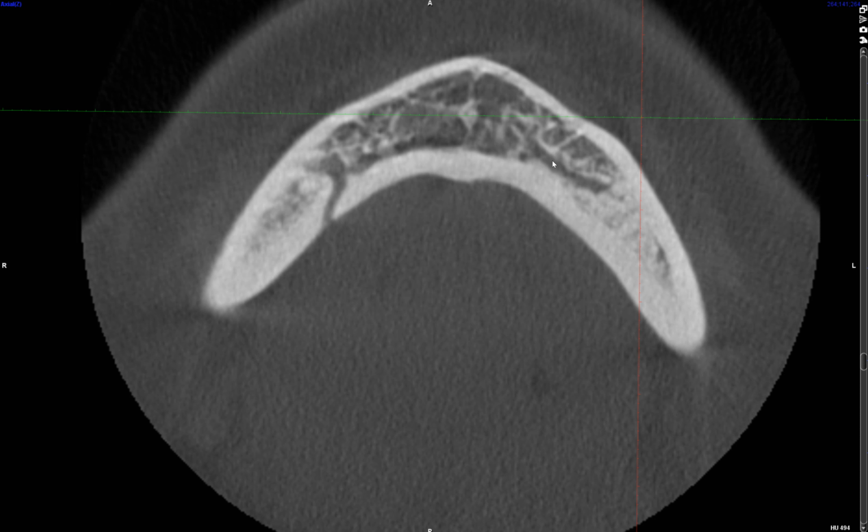Just keep that in mind. There are a lot of anatomic variations that I see in cone-beam CT that otherwise you would not have been able to pick up on two-dimensional images.